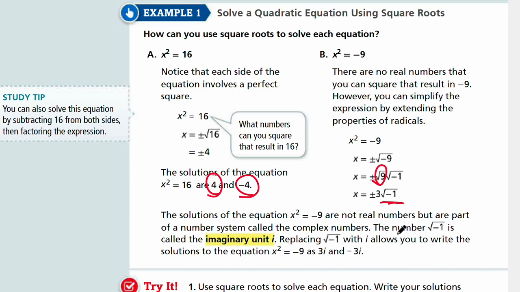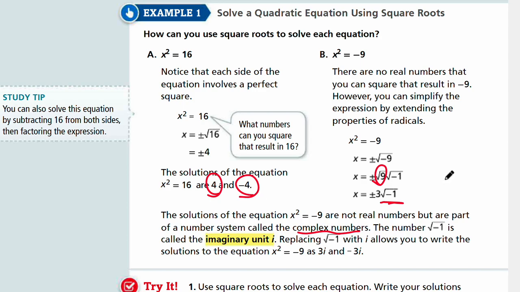So the solutions of the equation x squared equals -9 are not real numbers, but are part of a number system called complex numbers. Okay, so the square root of -1 will exist as long as we use square roots and squares, right? So it will be there, but what are we going to call it?